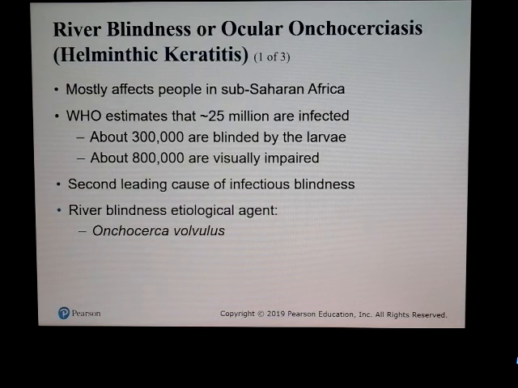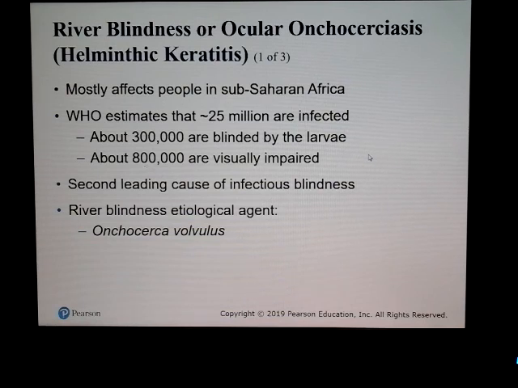Now, river blindness is one that only affects Africa, but look at how many people are infected, guys. 25 million people get infected. About 300,000 of these will be blinded by the larval state, so that's like the early stage, guys, and 800,000 will become visually impaired.